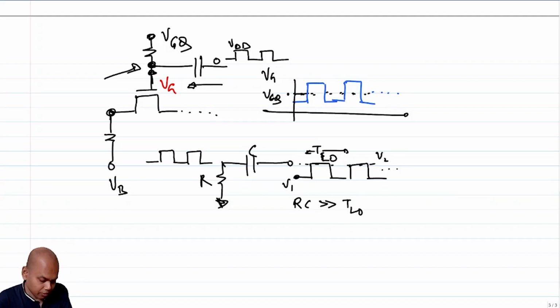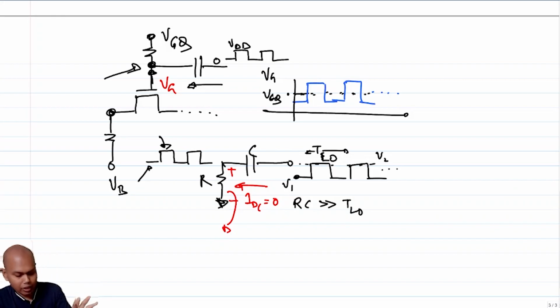The question that we need to ask is, what will be this value and what will be this value, right? I understand the difference will be V2 minus V1, but what will be the exact value? So how do I go about thinking about it? I know that IDC through the capacitor is always 0, right? So regardless of whatever happens, if IDC through the capacitor is always 0, which means the voltage through the resistor is also 0, which means VR should be 0.